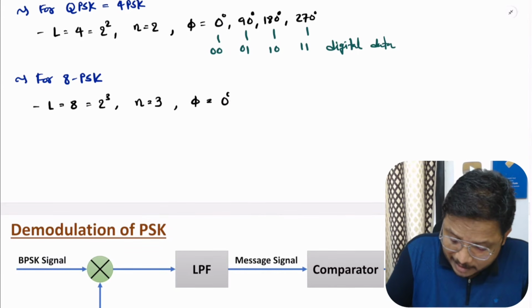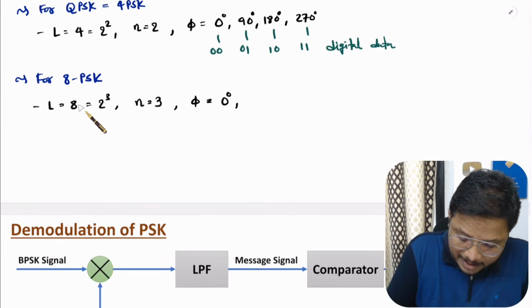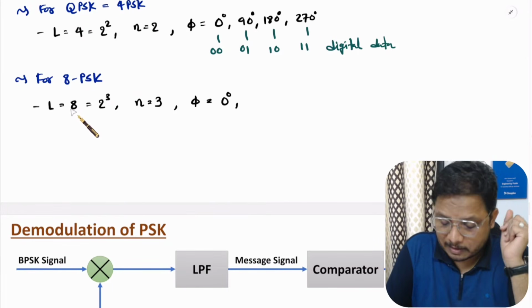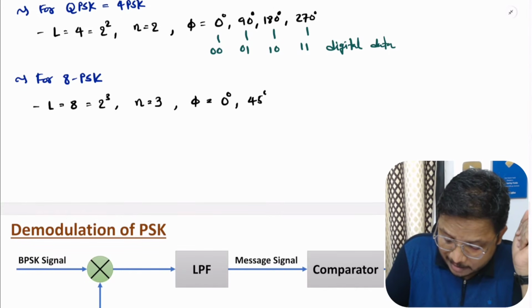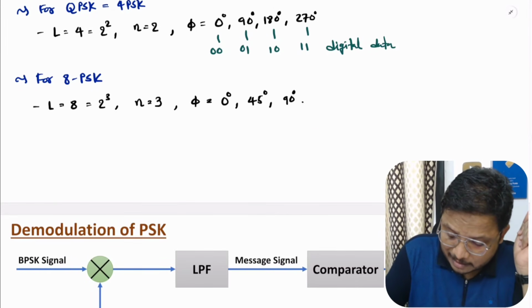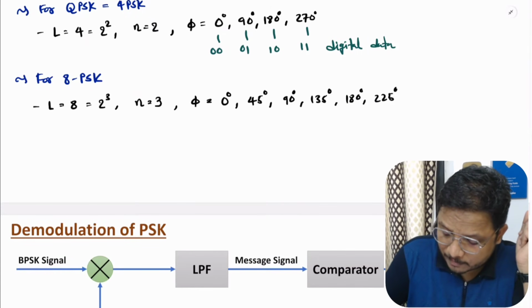So 0 degree is level 1. Then 360 divided by 8 is 45. So the second symbol has a phase of 45, then 90, then 135, then 180, then 225, then 270, then 315, right?